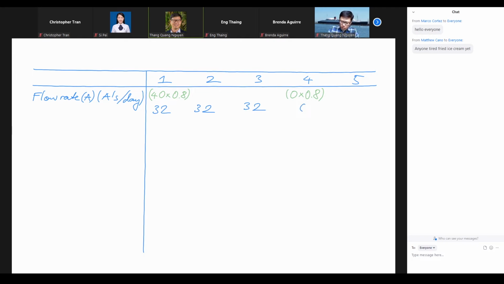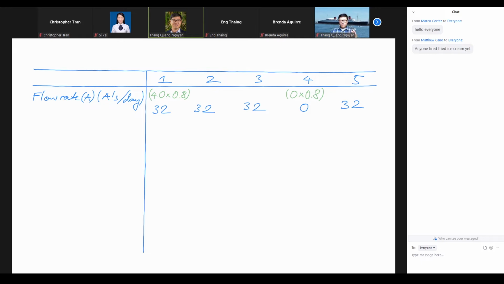By the way, because in project part 3, you need to do this all in Excel, at that time you're going to be very specific about what cell times that cell, right? Even though there are many zeros in the table, you need to choose the right 0 to multiply with 0.8. All right, so then the last one, we just go back to 40 times 0.8, and that's how we have 32, okay?